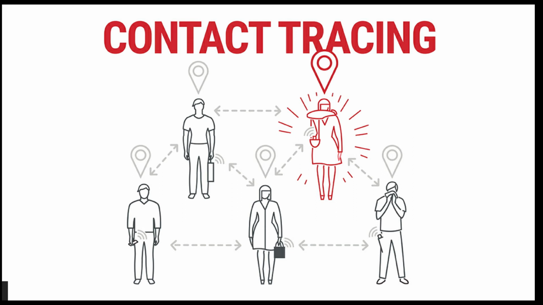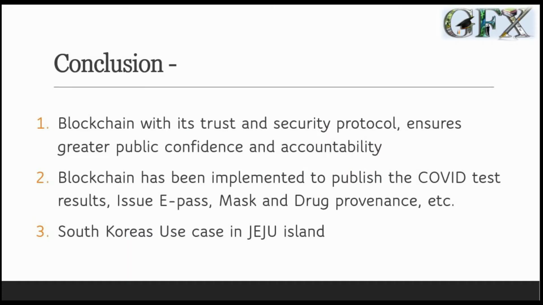So if you don't get corona or if you haven't met any person who is having the COVID, then obviously this data gets deleted and this data will not have any personal information of yours attached. So seems interesting, right? Well, it is. This way, blockchain ensures strict privacy to the public on their own location data by ensuring that their personal data is not made accessible to the authorities or any persons without their consent.